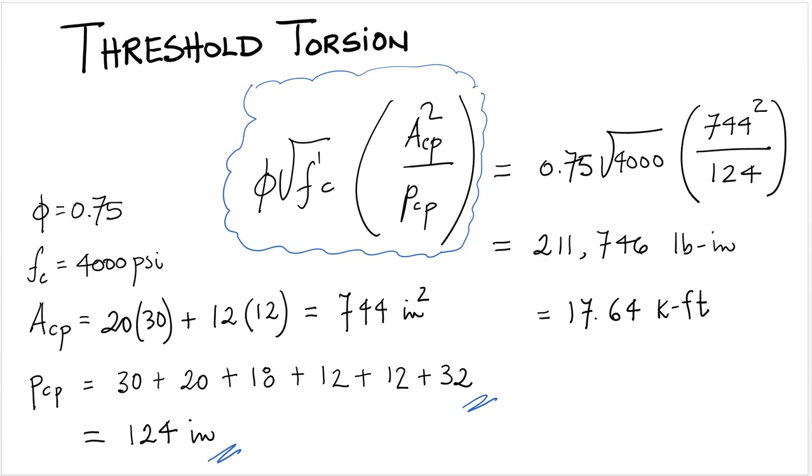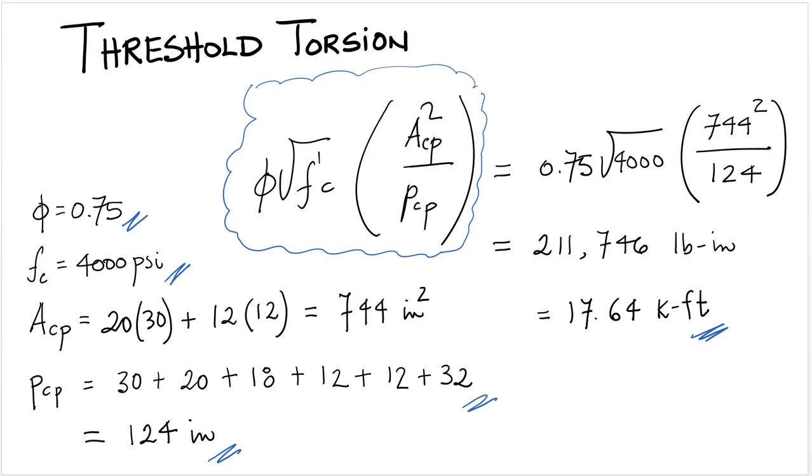Those numbers are substituted in the formula with f'c equal to 4,000 and phi equal to 0.75 for torsion, and we obtain a threshold torsion value of 17.64.